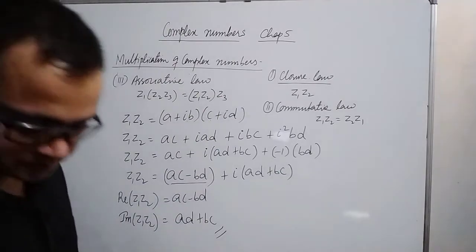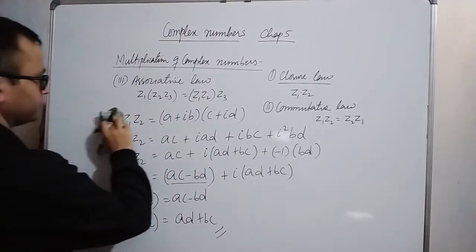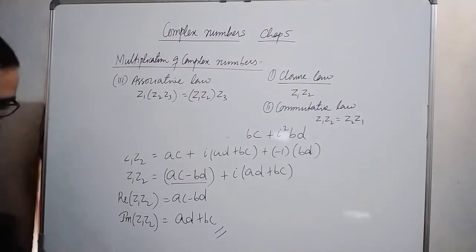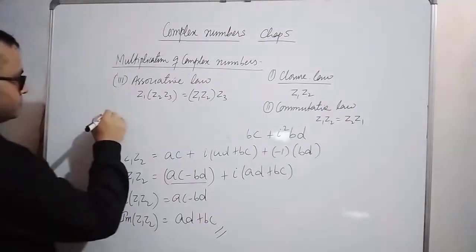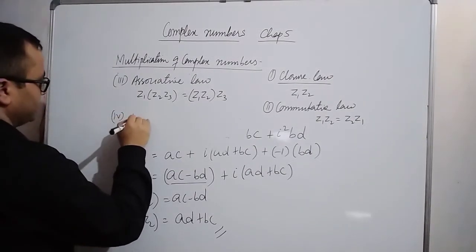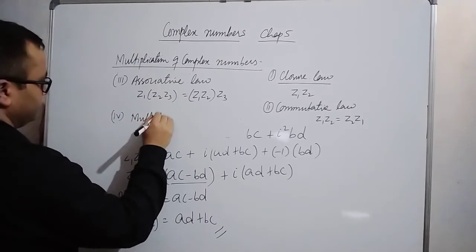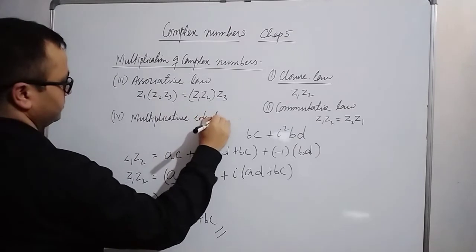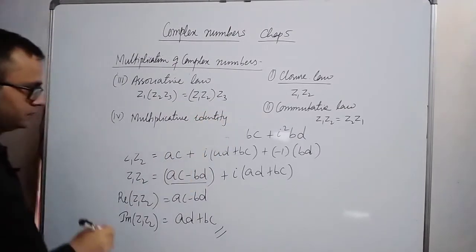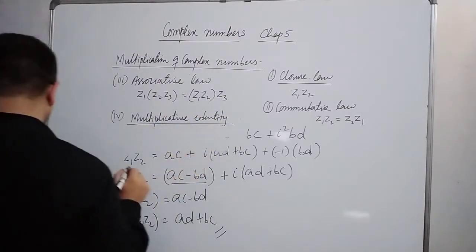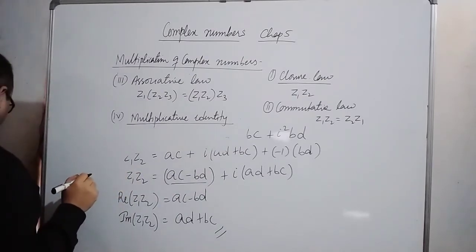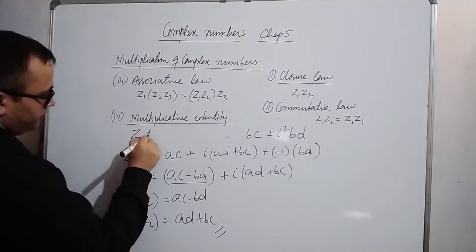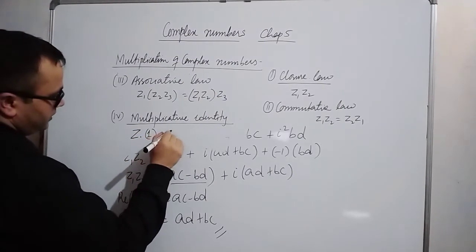Number 4 is multiplicative identity. In multiplicative identity, if you multiply a complex number with 1, you get the same complex number.